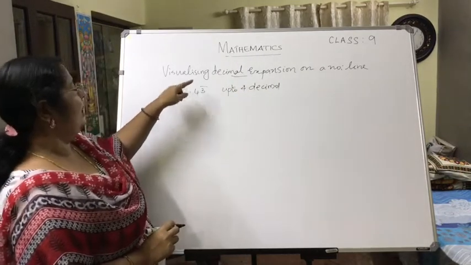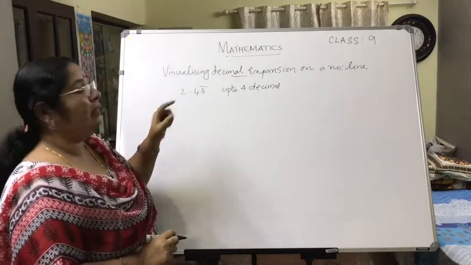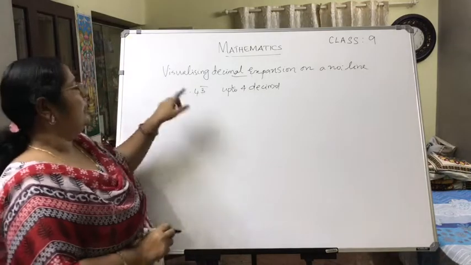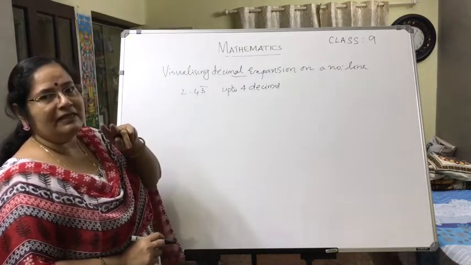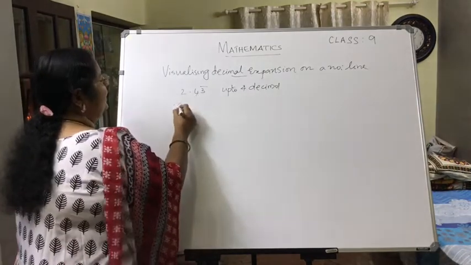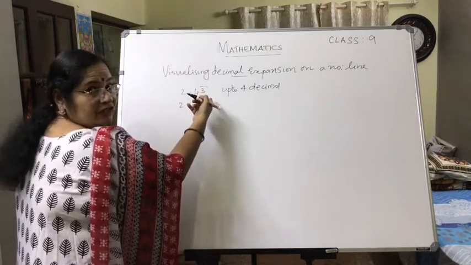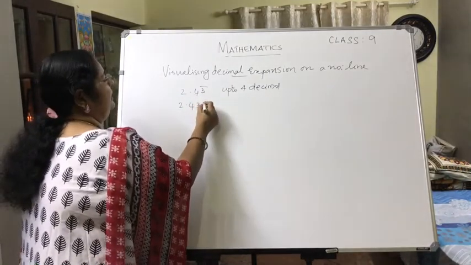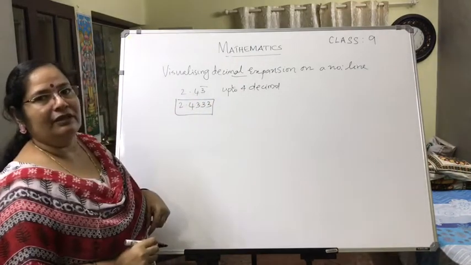You have to visualize this non-terminating and recurring decimal expansion up to 4 decimal places. But how many decimal places are we given? 2 decimal places. So we require 2 more. How do you get that? This will be 2.43, 2 more places, and the repeating digit is 3. So 3, 3. This will be our consideration.